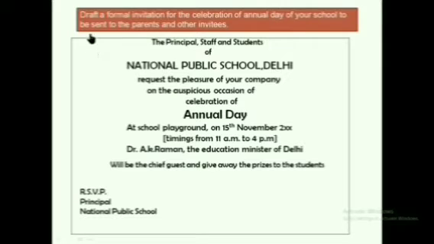Now next one, draft a formal invitation for the celebration of annual day of your school to be sent to the parents and other invitees. This invitation card is also very familiar to you.